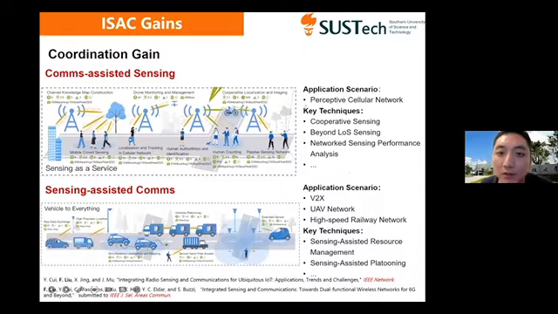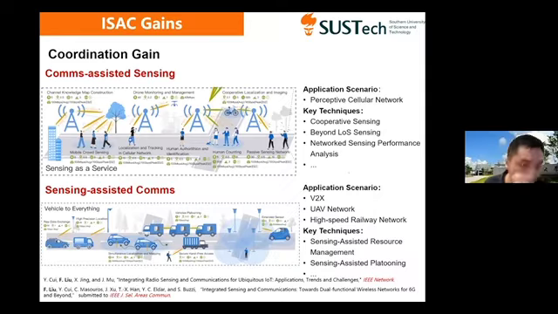This cellular network can do many things like channel knowledge map construction, mobile crowd sensing, localization, tracking, drone monitoring, cooperative localization, imaging, human counting, and so on. There are some key techniques here like cooperative sensing, beyond line of sight sensing, network sensing, and performance analysis.